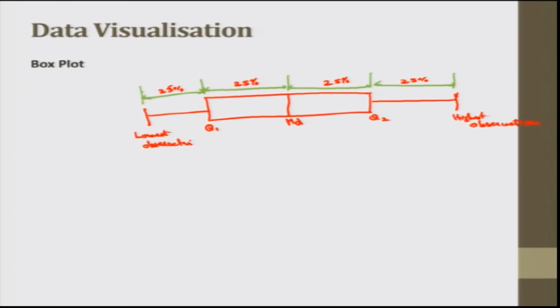Now this line is known as a whisker. Like animals have whiskers, which are long hairs, like in a mustache, so this is that kind of whisker, a long extended line. So this is also known as a box and whisker plot.